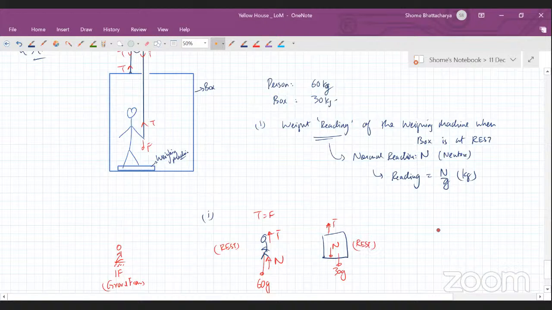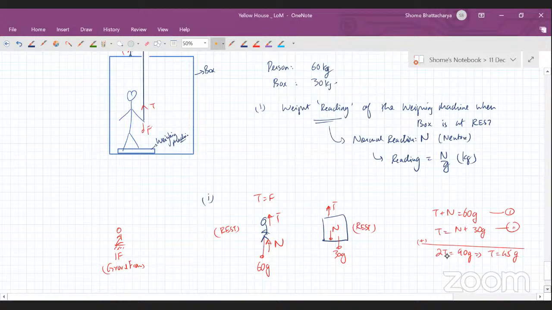So you have one equation, T plus N is equal to 60 g, from the person's FBD, and the other equation, T is equal to N plus 30 g, from the box's FBD. Just add the two equations: you will get 2T equal to 90 g, or T equal to 45 g.